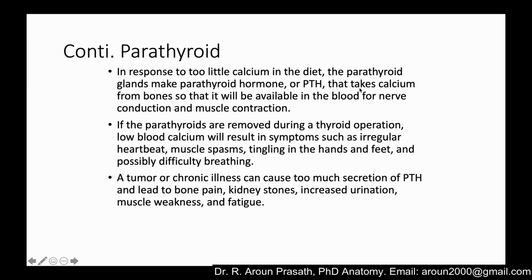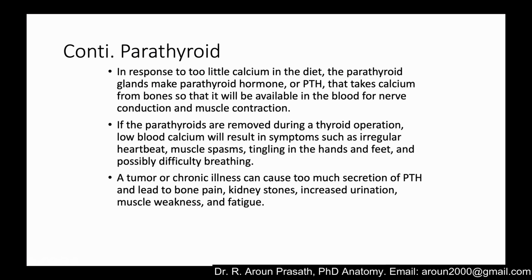This parathormone goes to the bone and plucks the calcium away and keeps the calcium in the blood. In fact, calcium is very essential for muscle contraction, for nerve function and everything. So a normal calcium level always has to be maintained.